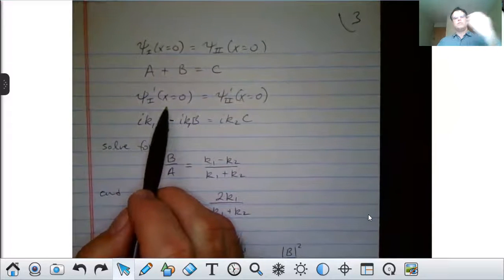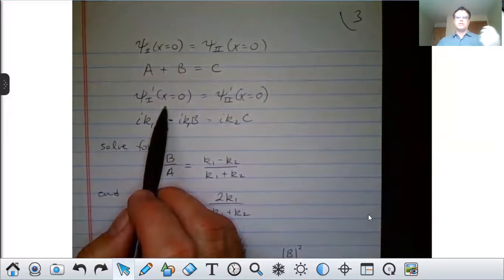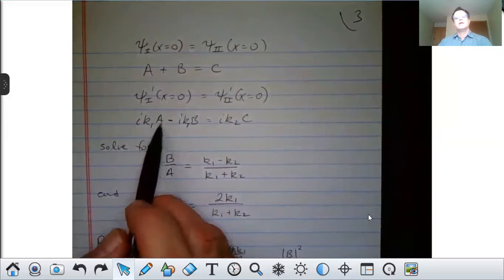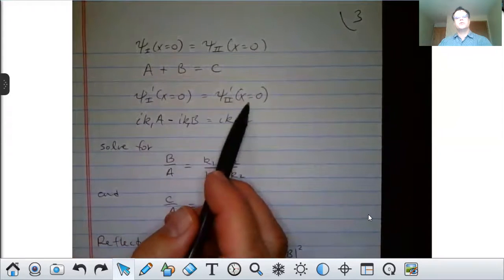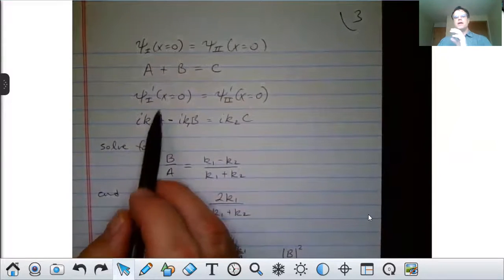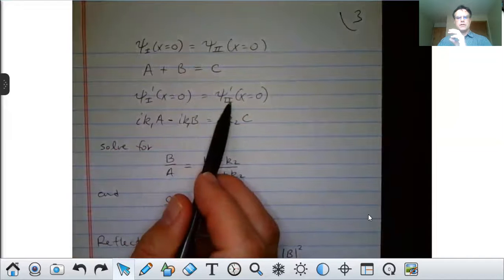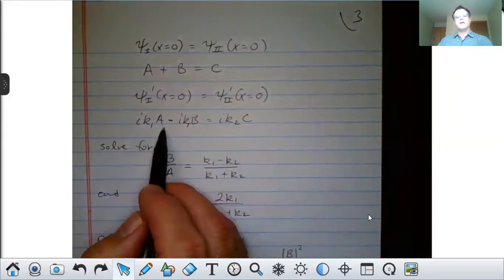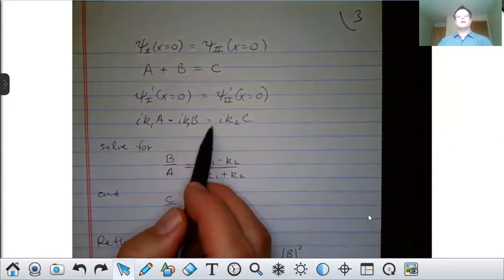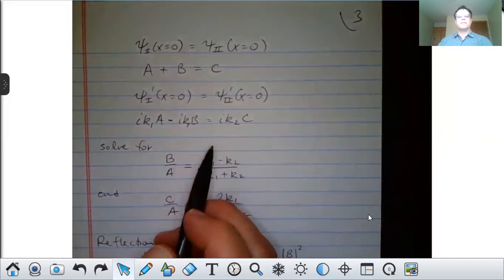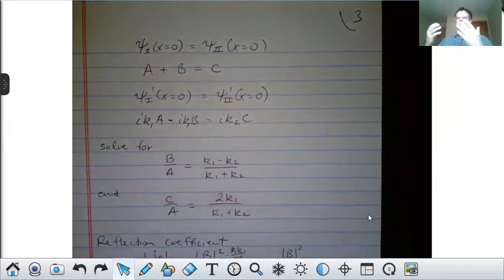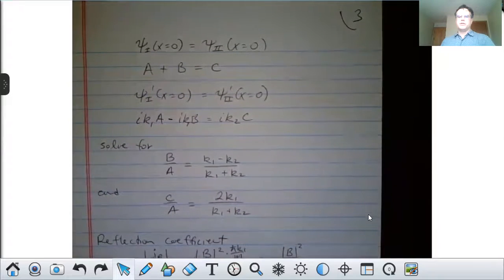Taking the derivative, we'll pull out ik's in front of the functions, and setting x equal to 0 again, matching derivatives in region 1 to region 2, I get ik1a minus ik1b equals ik2c.